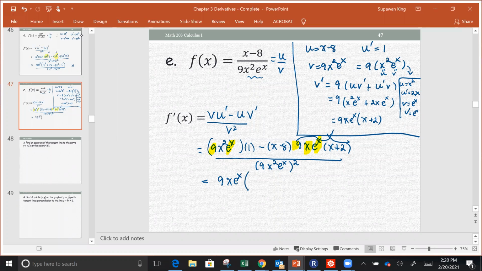The first term of the numerator will remain x, subtracted by the product of x minus 8 and x plus 2 for the second term, all divided by the power 2 of 9x squared e to the x, which is 9x squared e to the x times 9 times x squared times e to the x.